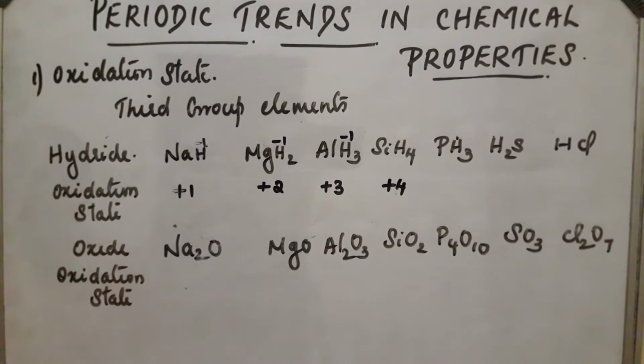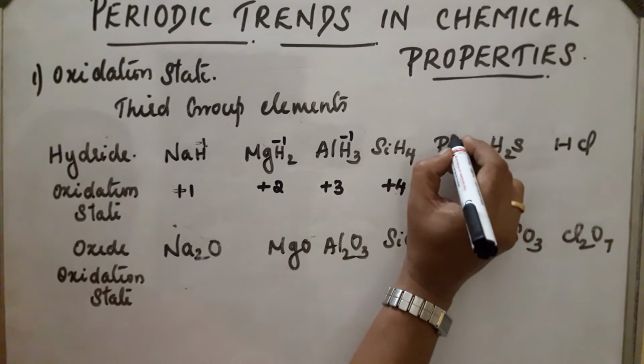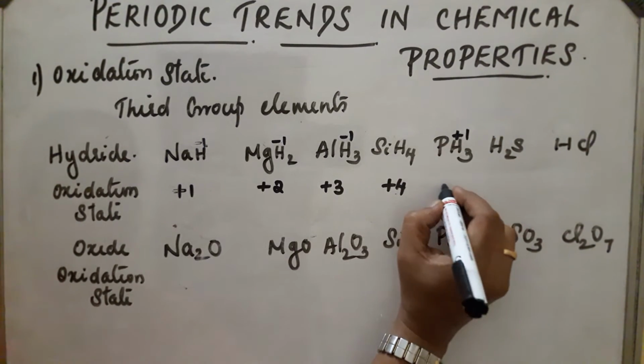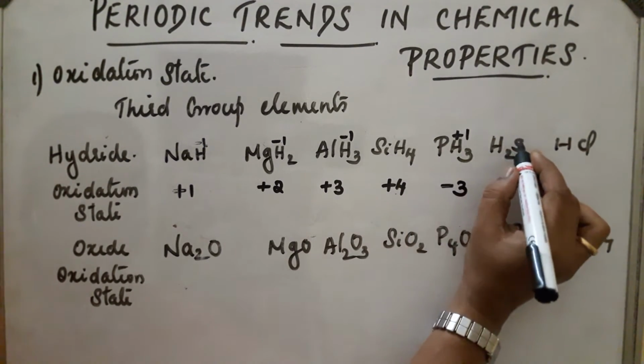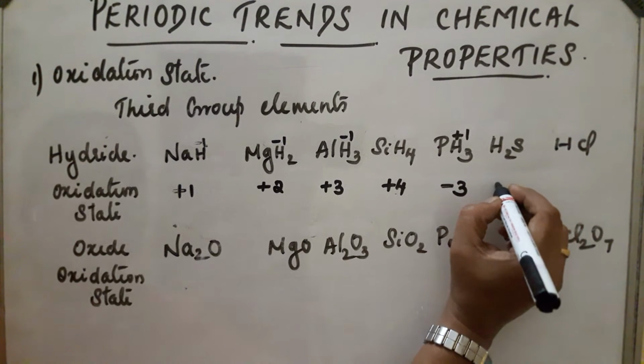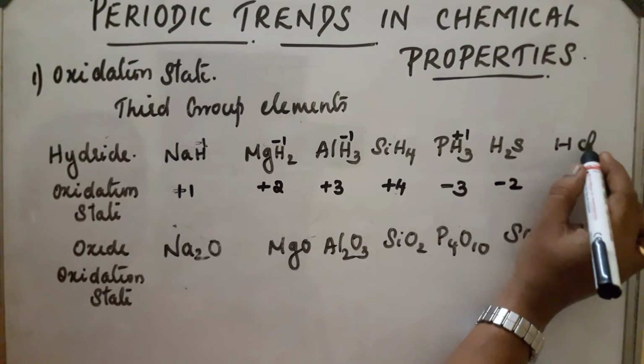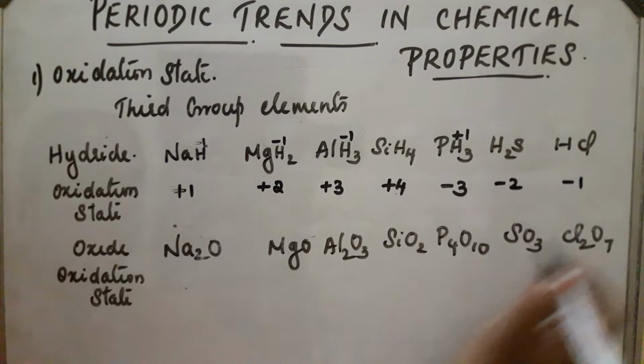Next, in the case of PH3, phosphorus is more electronegative, so hydrogen has +1 oxidation state and here -3. Sulfur is more electronegative, so -2. Then chlorine is more electronegative, -1.